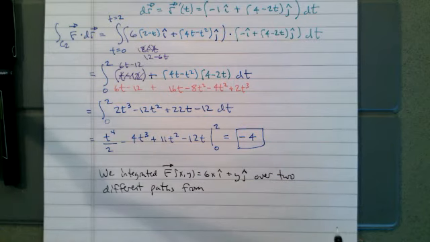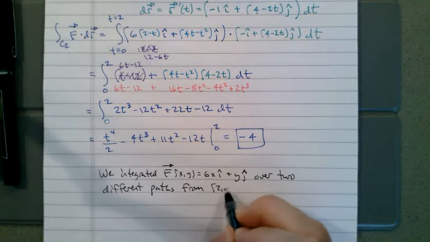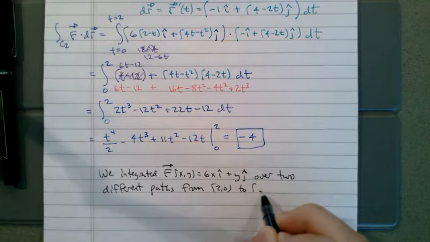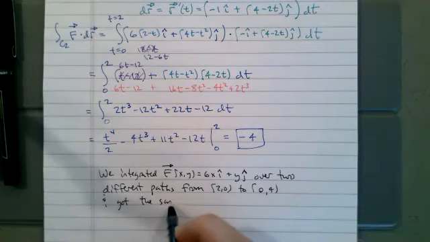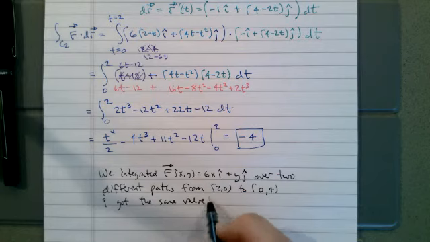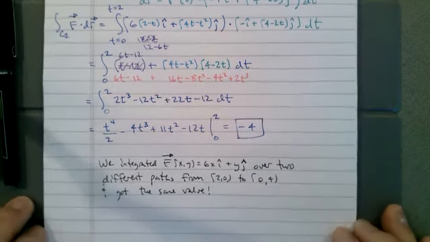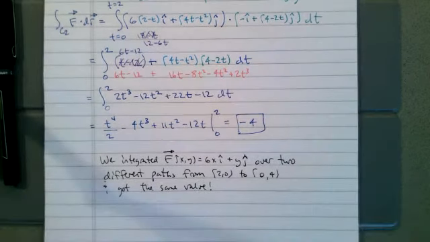We integrated f over 2 different paths from 2, 0 to 0, 4 and got the same value. That is surprising because we should expect something different to happen.